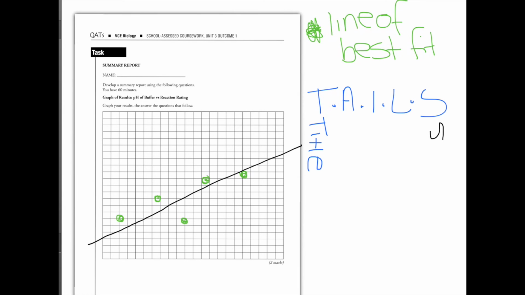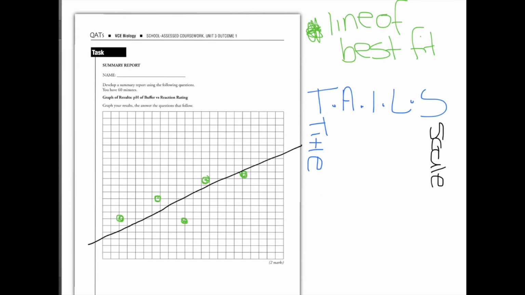S is scale. So you need to make sure that you have a scale to tell you on the bottom and the top and the units. So you might have temperature on the bottom, not on this one, obviously. You're going to have reaction rate on one side.